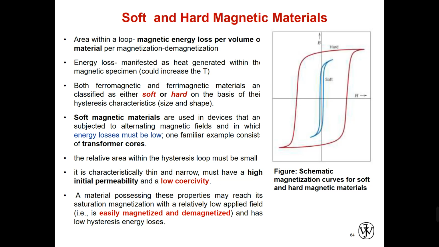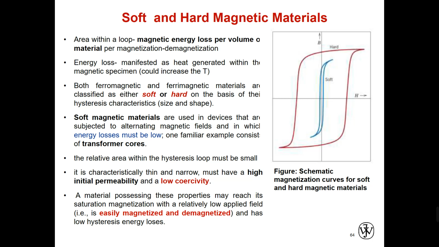Let's take a look at soft and hard magnetic materials. The main important concept is that the hysteresis loop represents the magnetic energy loss per volume of material per magnetization or demagnetization. This energy loss is manifested as heat generated within the magnetic specimen, increasing its temperature.